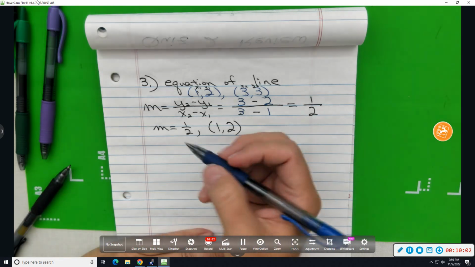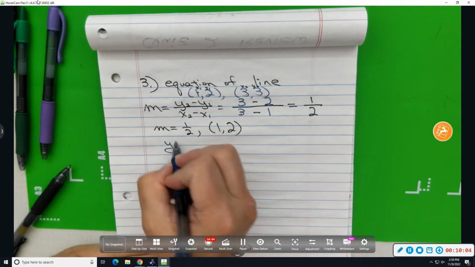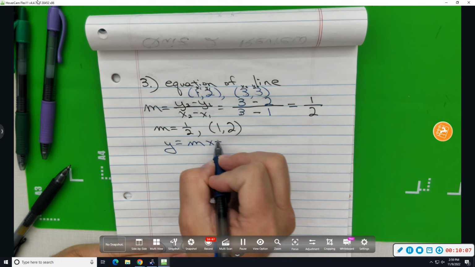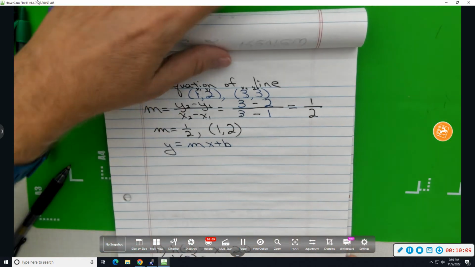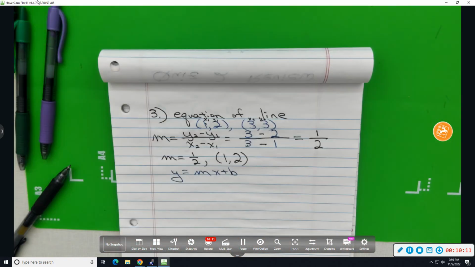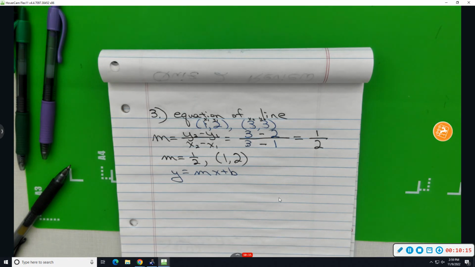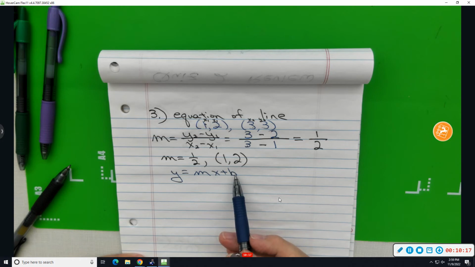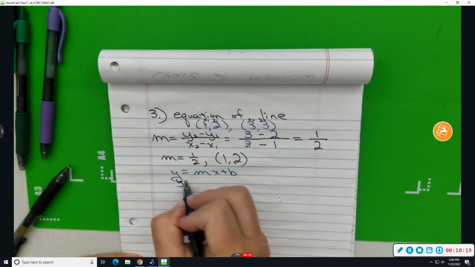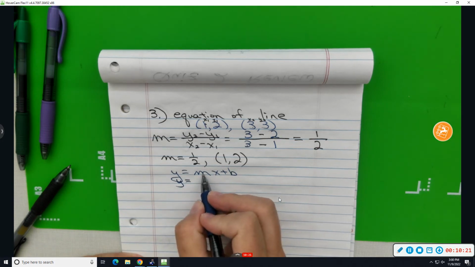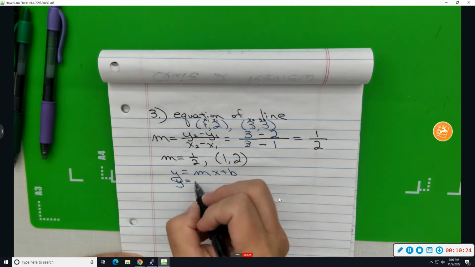We know slope-intercept form is y equals mx plus b, so we'll replace that m with 1/2.